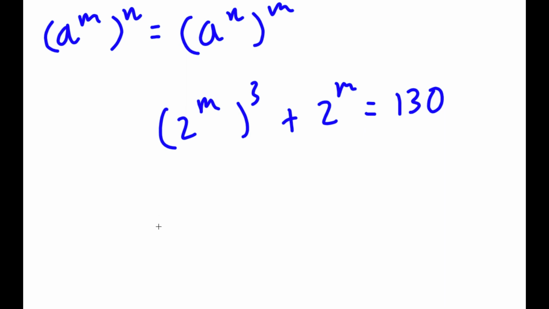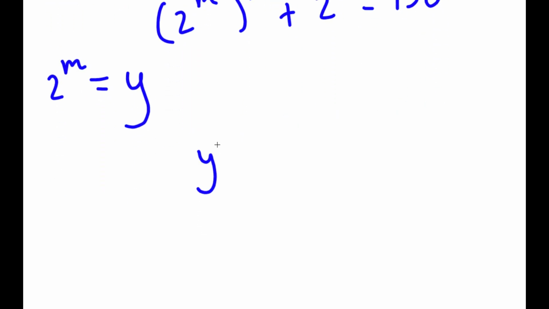Now I'm going to set 2 to the power of m equal to the variable y. So now, if I plug in y for 2 to the power of m, I get y to the power of 3 plus y is equal to 130.